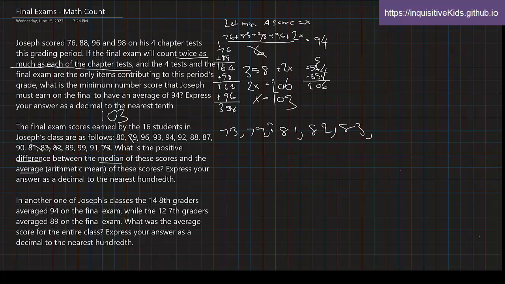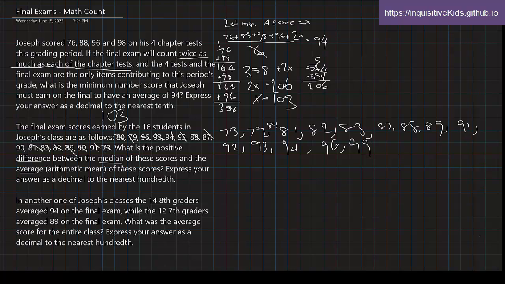Oh, yep, in between this we have an 80. 83, then we have 87, 88, 89. Then we have 91, 92, 93, 94, 96, 99. Now we use all of these.